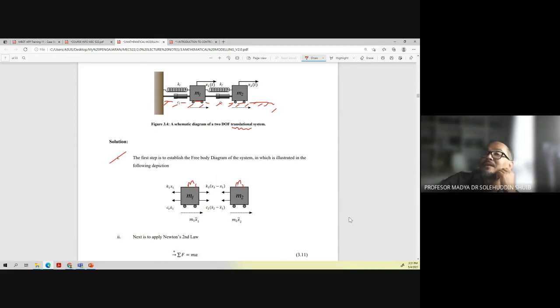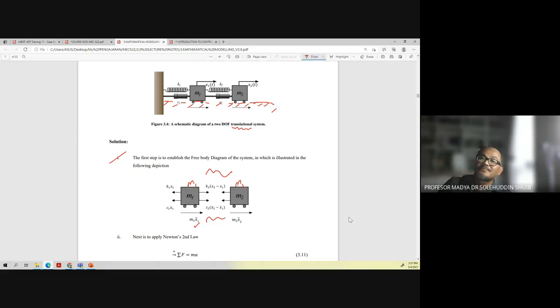So you have here K1 X1, C1 X dot, then we have M1 X double dot. Then on your right hand side, we have M2 X double dot 2. And what happens in between is, remember the one we did just now, the second degree of freedom: K2 (X2 minus X1), and C2 (X dot 2 minus X dot 1). This is the first step.